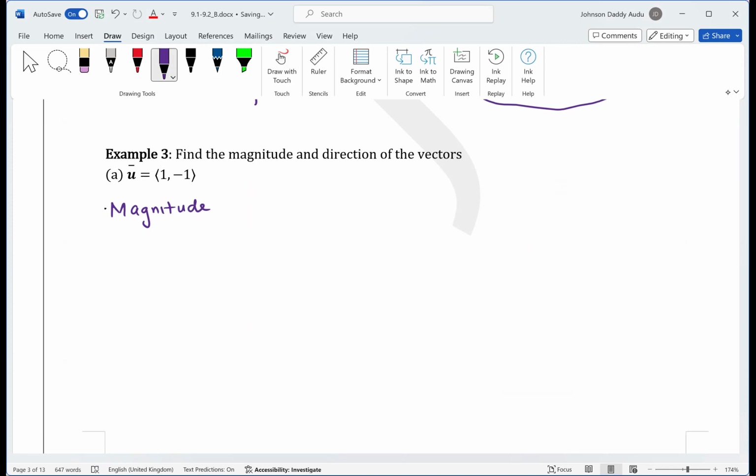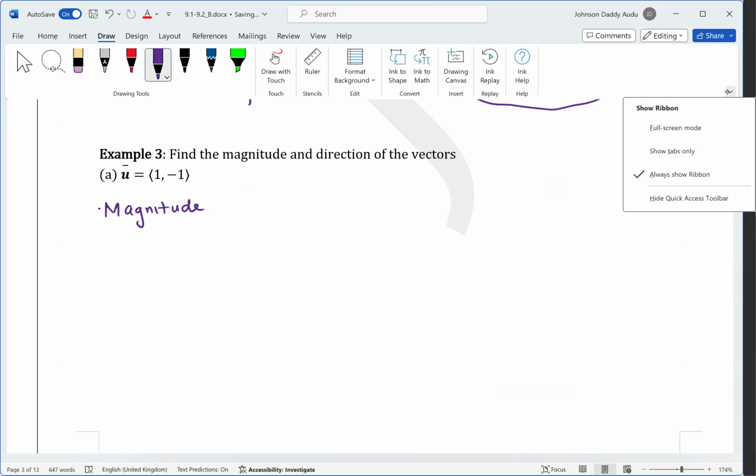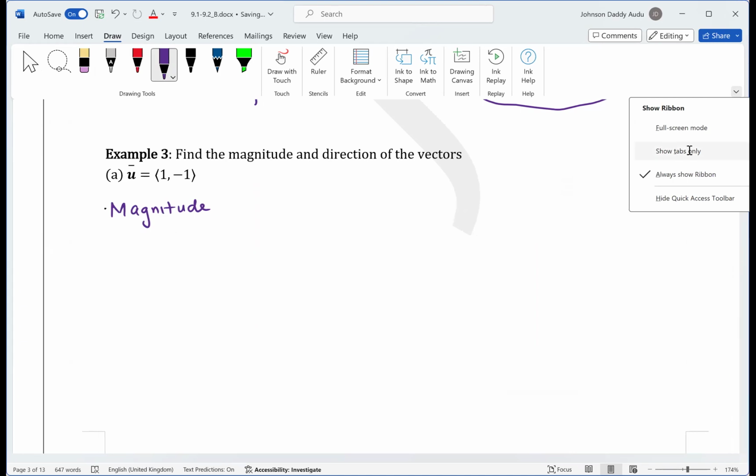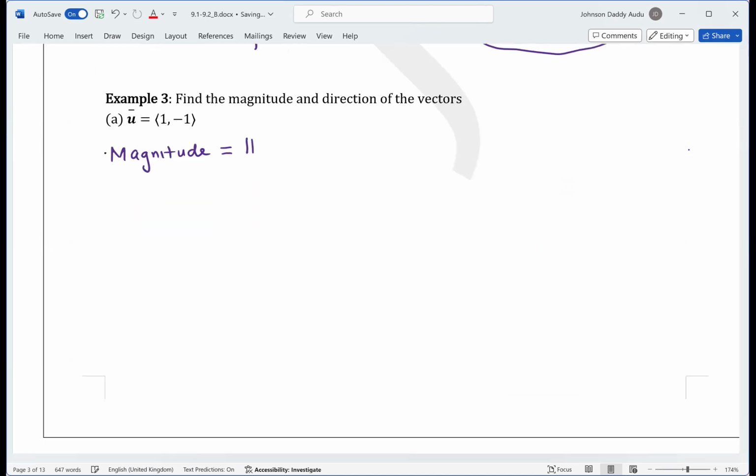The magnitude is equal to the root of a squared plus b squared, which is 1 squared plus minus 1 squared.